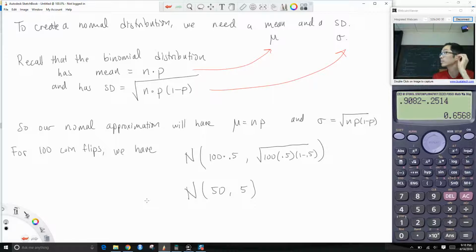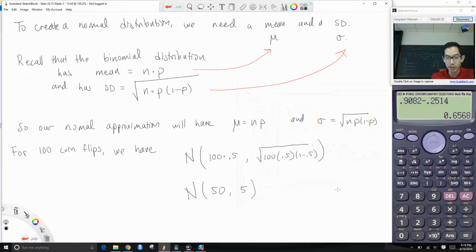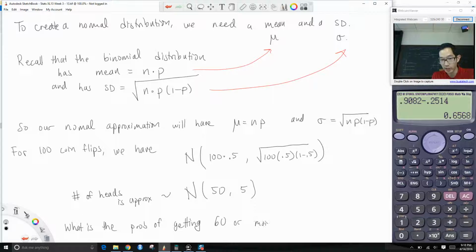Is this okay? All right. So the number of heads is approximately normal with a mean of 50 and standard deviation of 5, and our question is now, what is the probability of getting 60 or more heads?